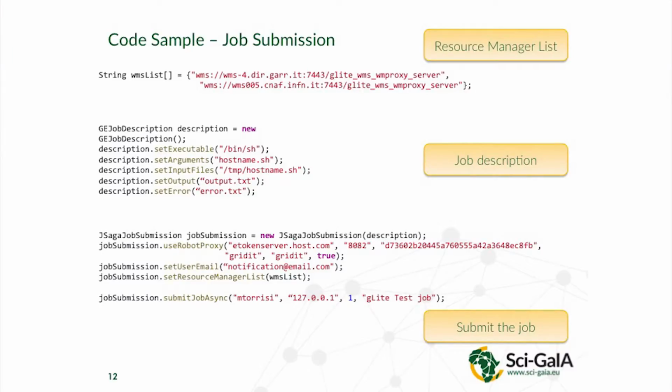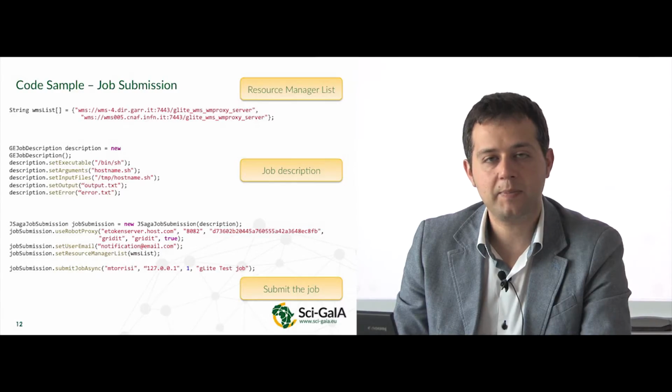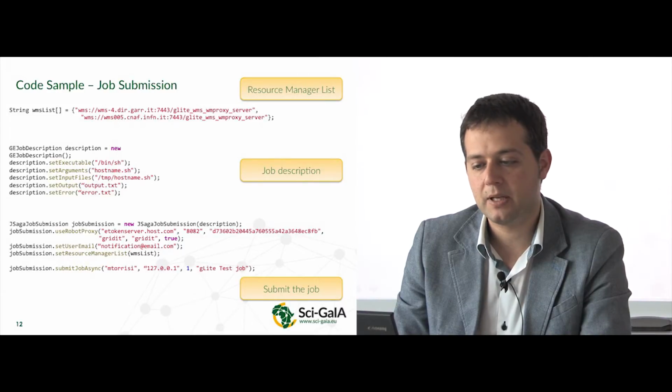In this part of the lesson, I'll show you some code samples that you can use to exploit the job engine API to submit jobs toward DCIs.